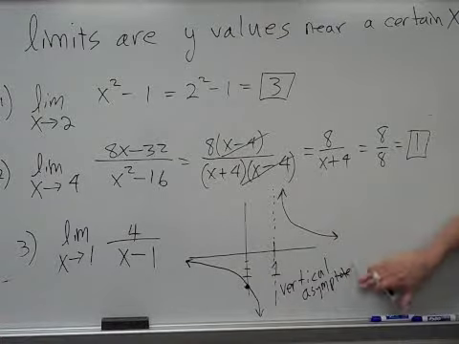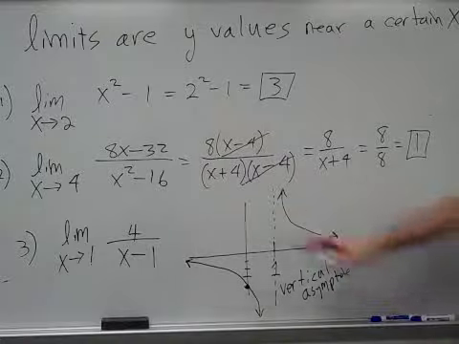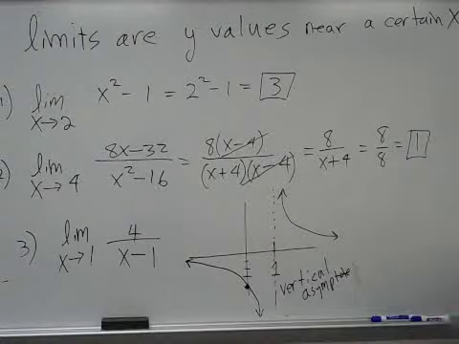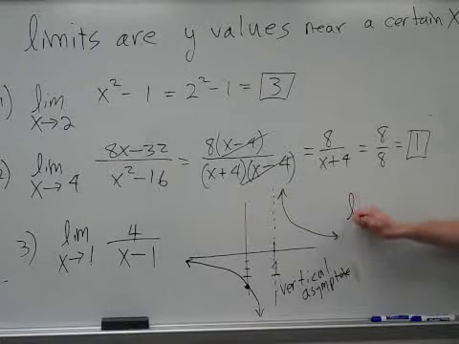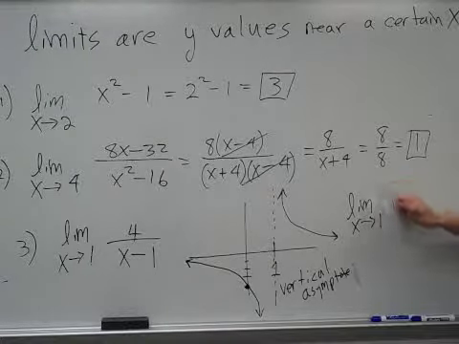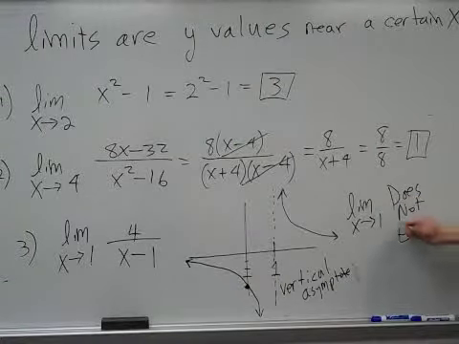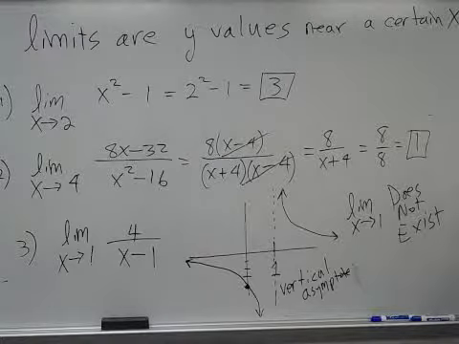And when you see a vertical asymptote like that, automatically you can say that the overall limit does not exist. So the limit as x approaches 1 does not exist. And I'm going to talk more about why it doesn't exist in just a second.